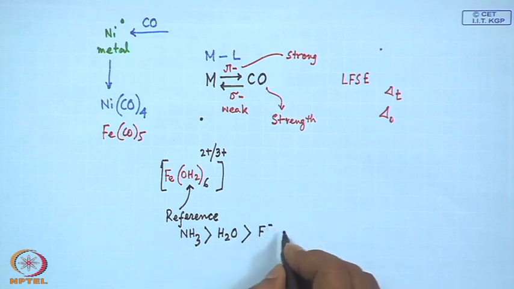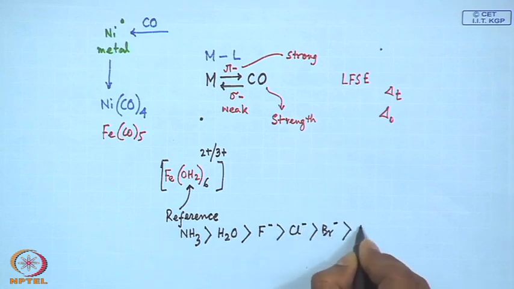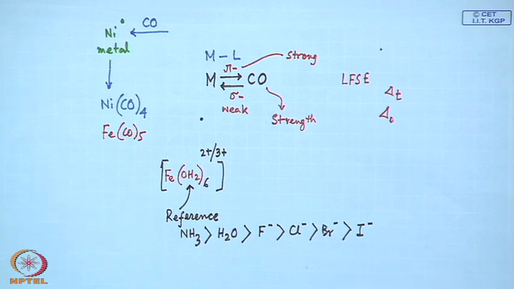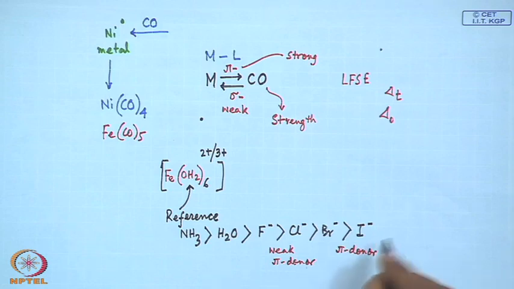If we consider some other groups, like the halides, fluoride, chloride, bromide and iodide, which we all write very nicely, they are basically weak pi donors. And they are pi donors because we do not have anything which is a strong pi donor.